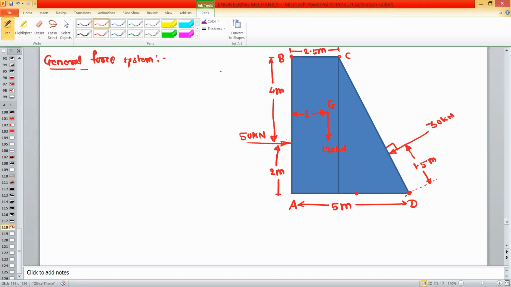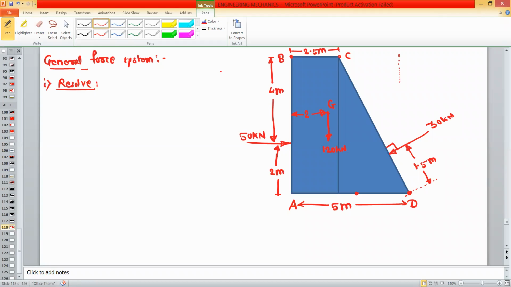So first step is we have to resolve the forces. So we will only resolve those forces which are acting inclined to x and y axis. Okay. So right now in this figure, nowhere x and y axis is given. So we have to visualize that x and y axis. So I will draw that axis as a reference.